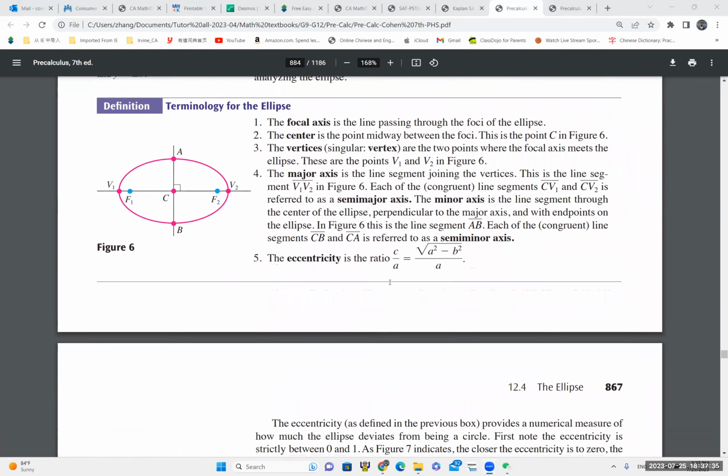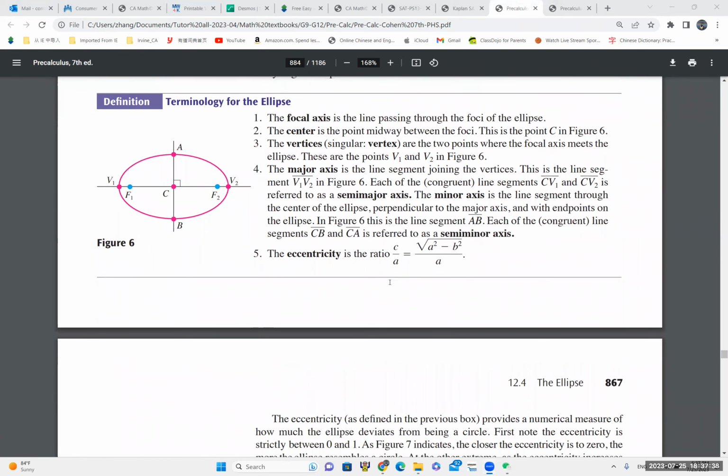Okay, here it shows some terms. Focal axis. Center. Vertex. Where is the focal axis? V1, V2. The major axis means the number one, right?